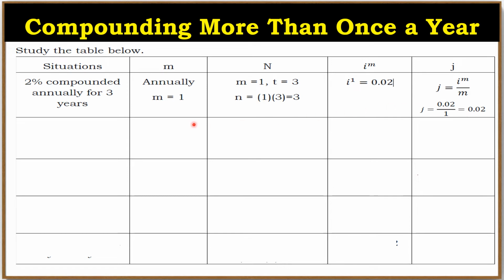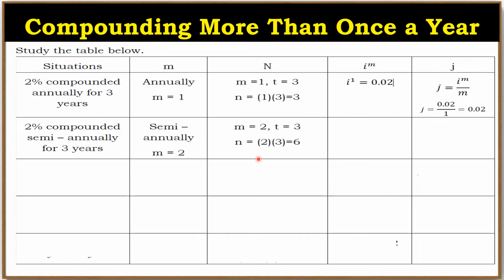So our rate is 0.02 divided by 1 is equal to 0.02. Now let us have 2% compounded semi-annually for 3 years. Therefore, our m is equal to 2 because 1 year is divided into 2. And then our n is equal to 2 times 3 equals 6.